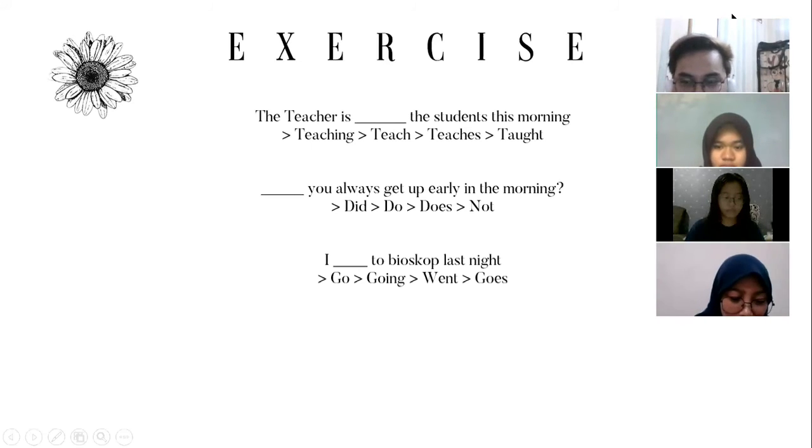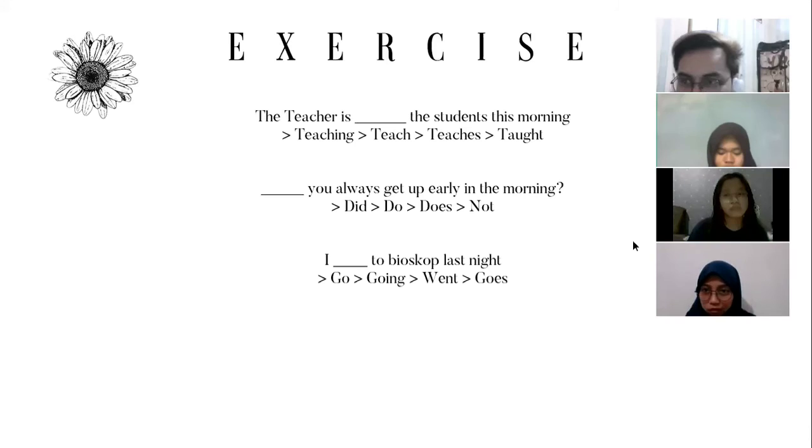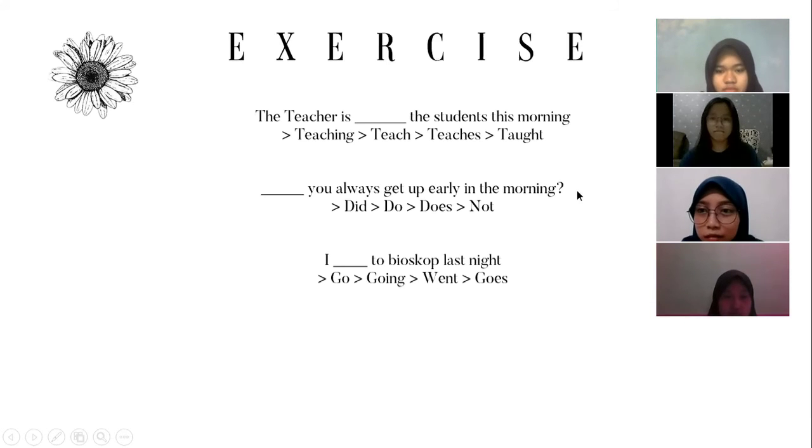Why is the answer when, Dian? If I can ask, because it was last night. So I went is an example of an irregular verb, I think.